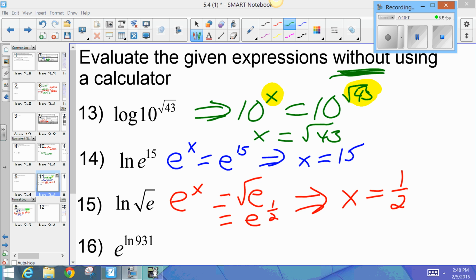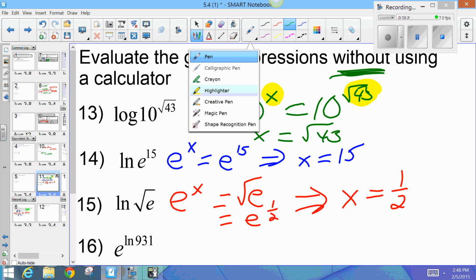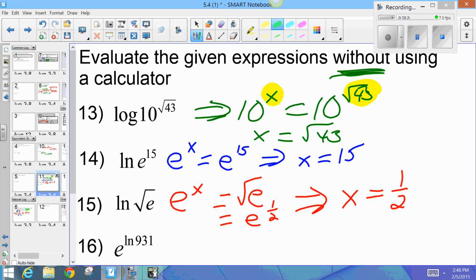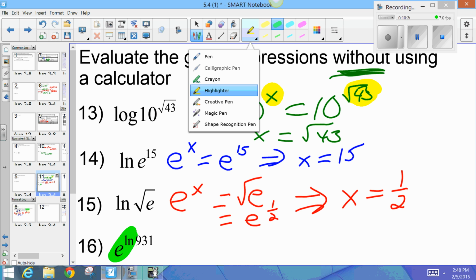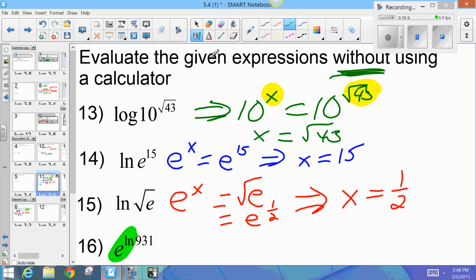Here's the most important thing for you to understand, and I kind of glossed over it a little bit. These two things are inverses of each other. The e to the power of something and natural log are inverses, so they undo each other. The easiest way to understand this is that those things cancel, and then you're just left with 930.